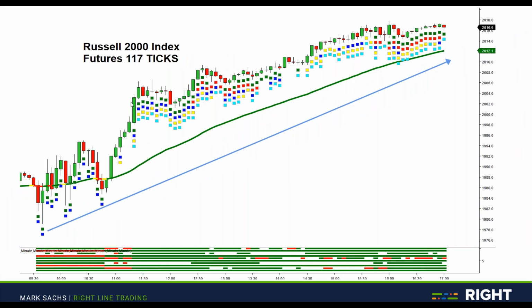Now here's really a great trade off the Russell. Now you could have taken it long here. Now you want to go long on an up candle, obviously. Again, you have the same sort of dilemma, and really, let me tell you, there's really no solution to this. The more boxes you recruit, the better off you are.